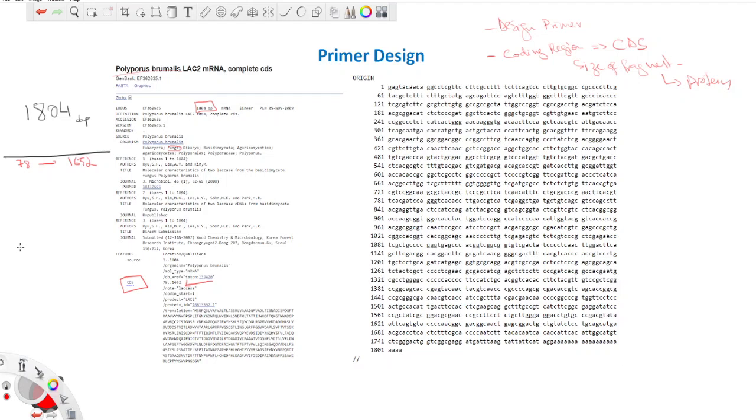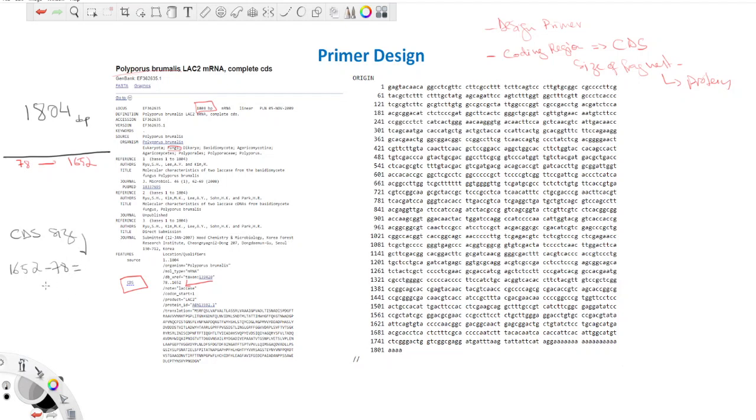1652. All right. So what is the actual size of your fragment then? In order for you to work that out, all you need to do is take 1652, you can take up your calculator, minus 78. So the size of my CDS is going to be 1652 minus 78.